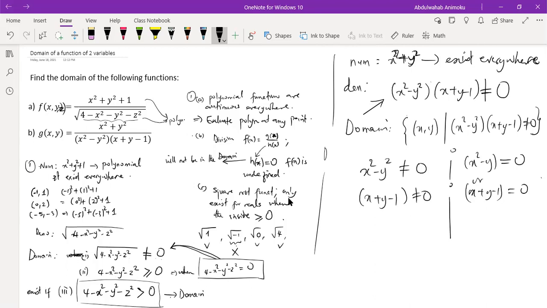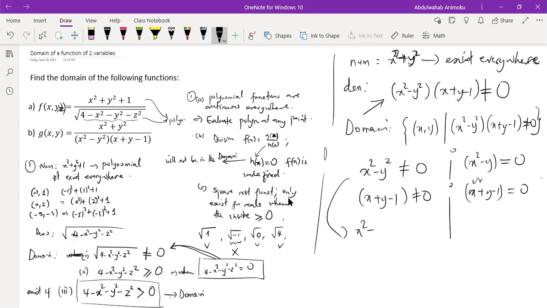So for the points to belong to the domain, it basically means all points x, y that would make sure that x squared minus y squared is not equal to 0, as well as x plus y minus 1 not being equal to 0. Okay. Now, what do we get from the first one?